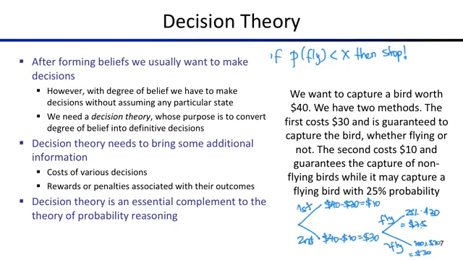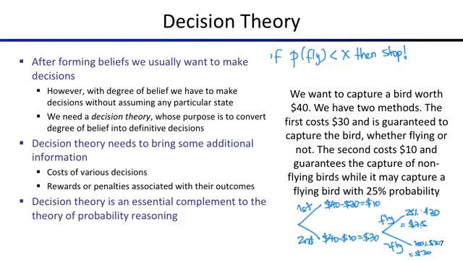Okay, now we know a little bit more of how to take this decision. In summary, if we observe the bird, make all the observations, put them in our inference system, and this inference system tells us that it is not a flying bird, we know that we should use the second method, because as it's not a flying bird, it will capture the bird for sure and give us a profit of $30.